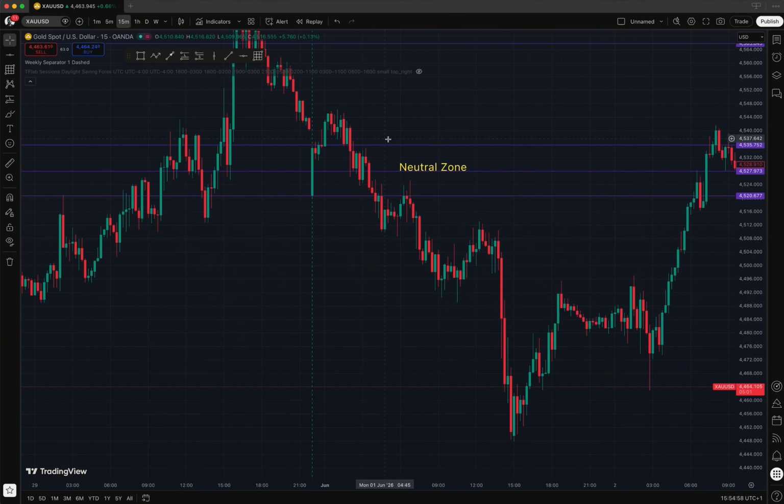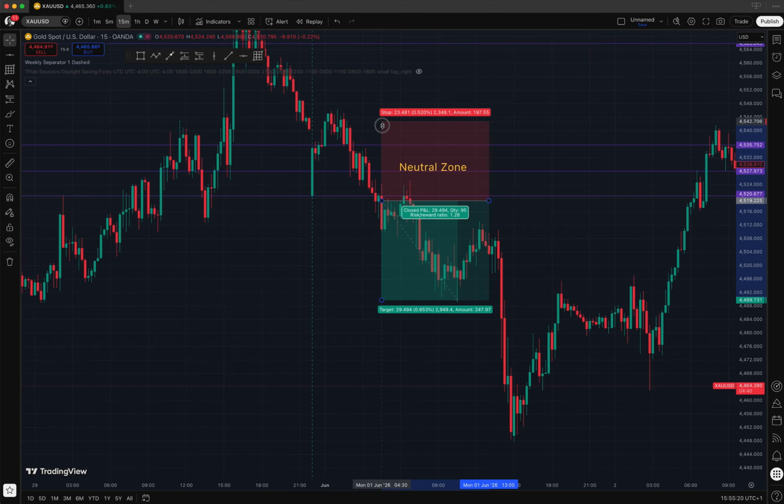If it closes on the upper side, I will take a buy again, and this time it will take my take profit. Here I got stopped and the candle closed below my neutral zone, so I can enter a sell. So I enter a sell, let's say here.